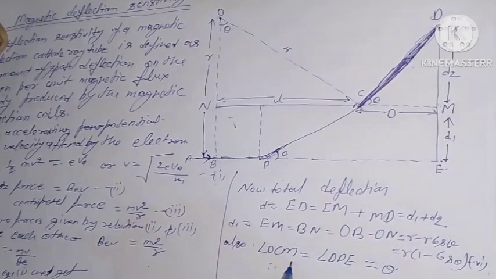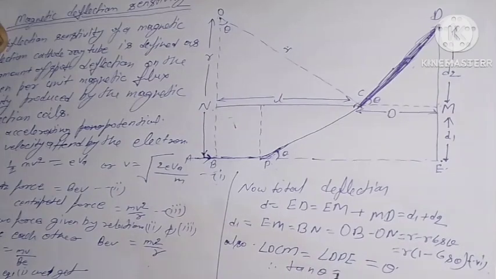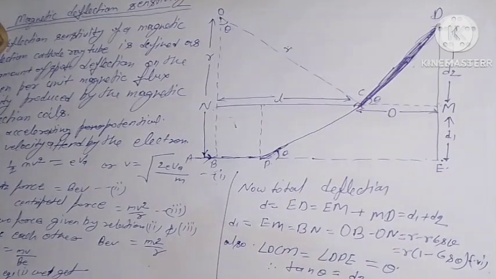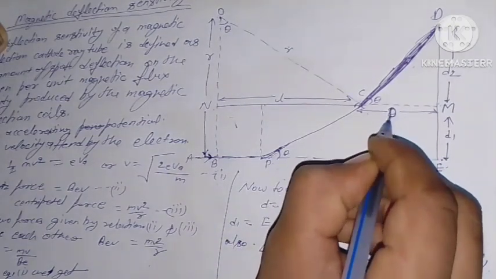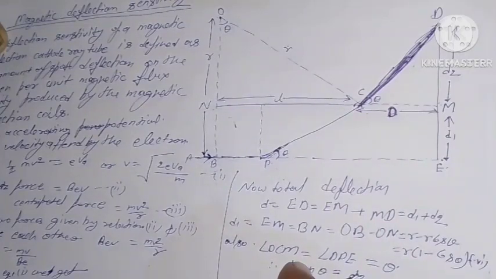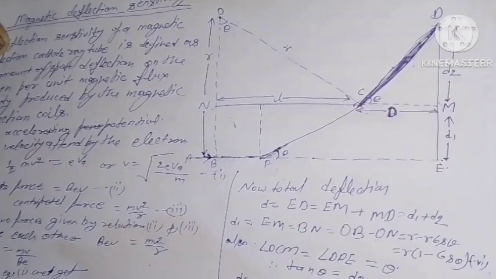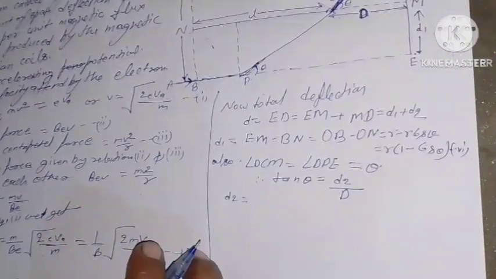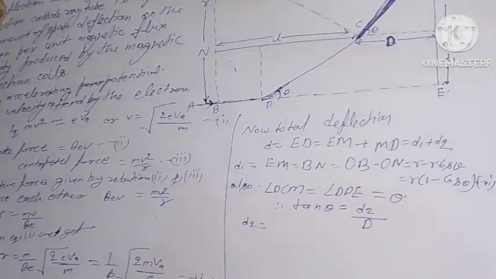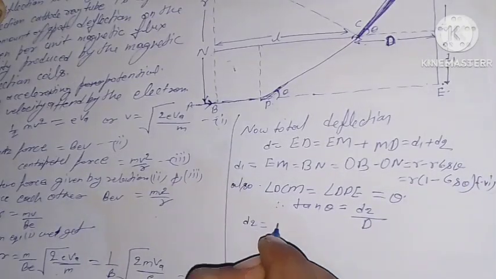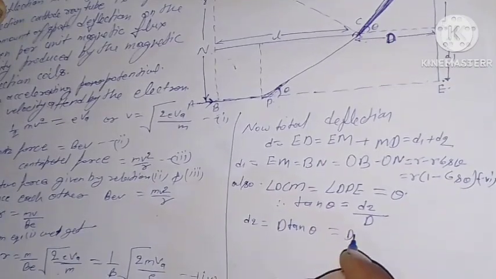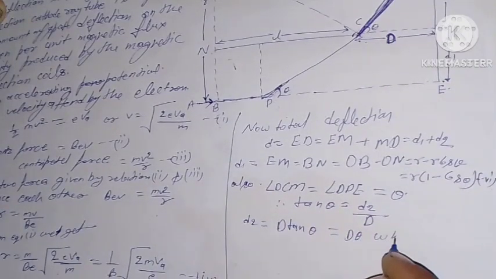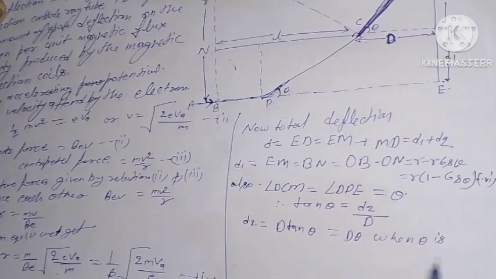So tan theta equals D2 upon capital D. Then D2 equals capital D tan theta, that is D theta when theta is small.